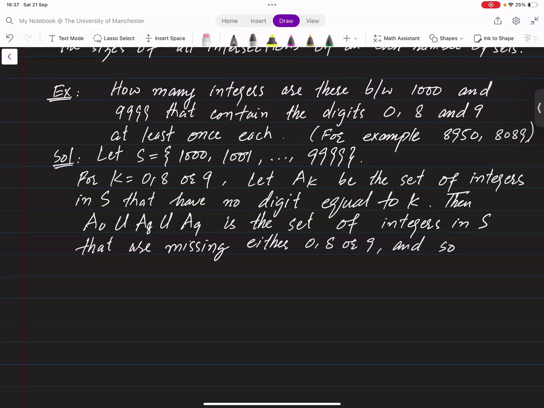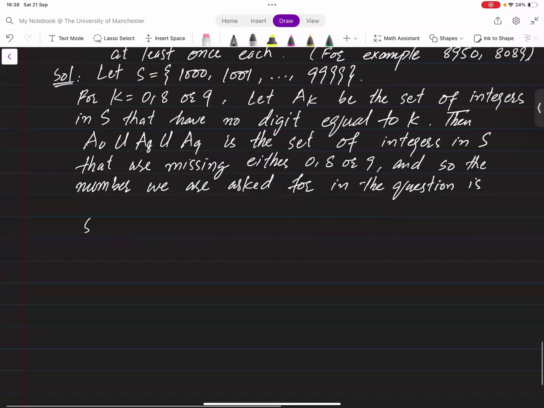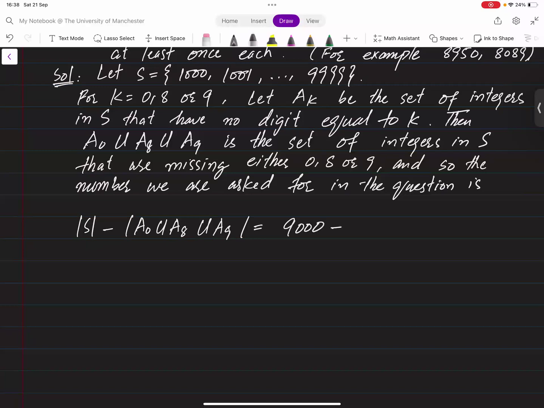And so the number we are asked for in the question is the order of the set S minus the order of A0 union A8 union A9, which is 9000 minus the order of A0 union A8 union A9.